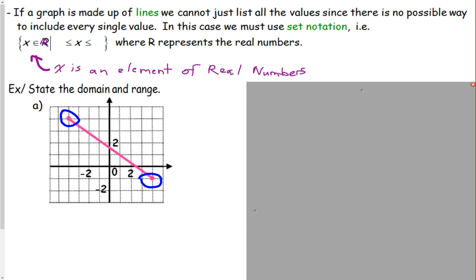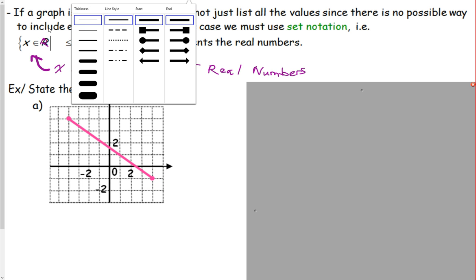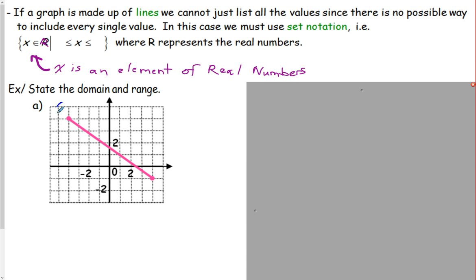So let's see what our coordinates are of those endpoints. If I look on my graph, it looks like this is going to be -1, -2, -3, -4. Looks like this is -4 X value and 1, 2, 3, 4 Y value. How about this one down here?